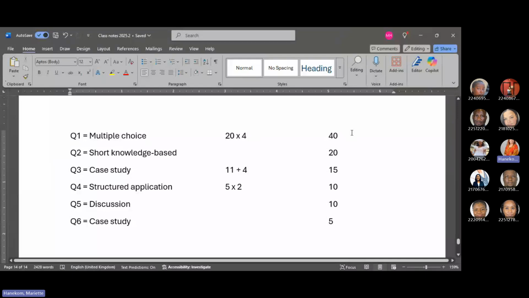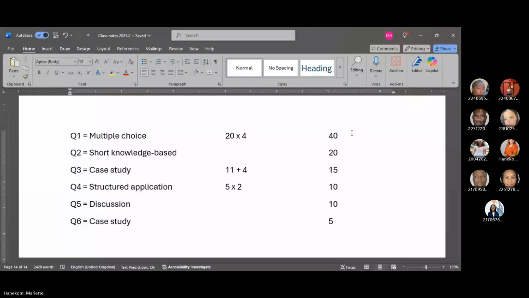I will set up a multiple choice practice quiz for you again on e-learning so that you can practice your multiple choice questions. Multiple choice is 40 marks out of 100, so that's nearly half of the exam. If you do well in your multiple choice, it makes life so much easier.